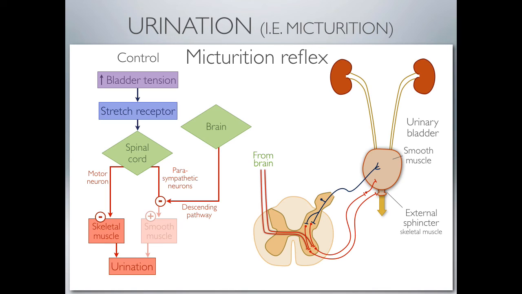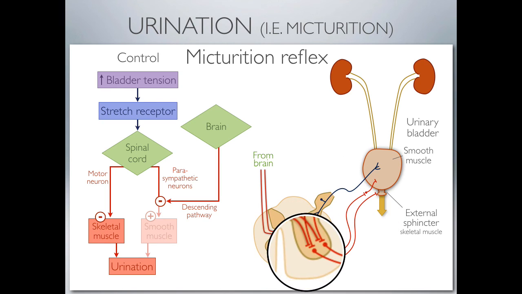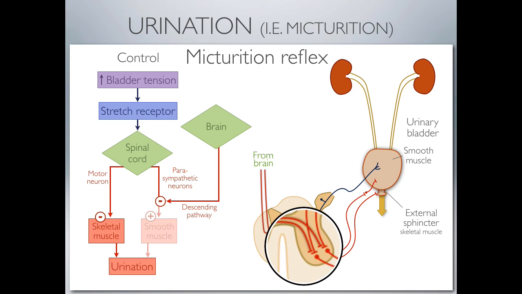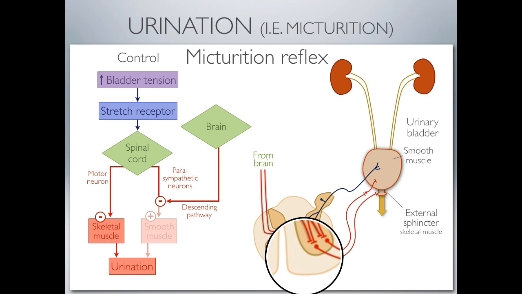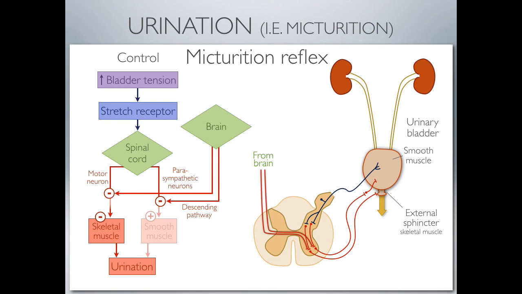And again, it's a negative effect. Just imagine a negative chemical synapse, chloride ions, and so on, influencing the cell body on the left there. That descending command is going to negatively influence the motor neuron to the skeletal muscle.